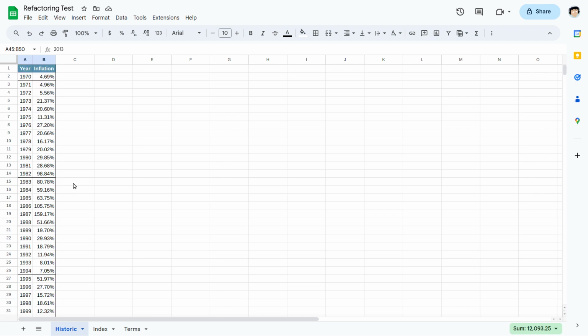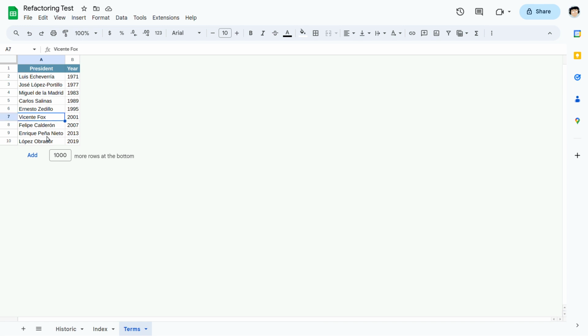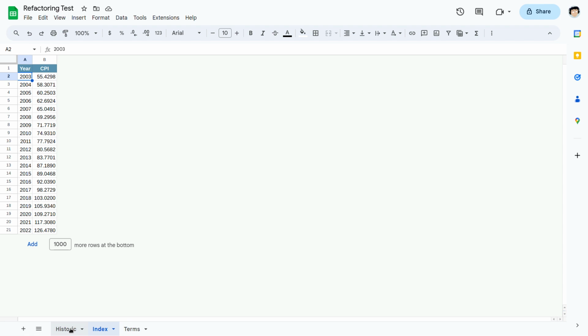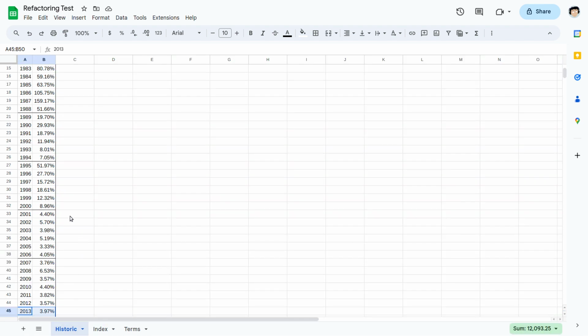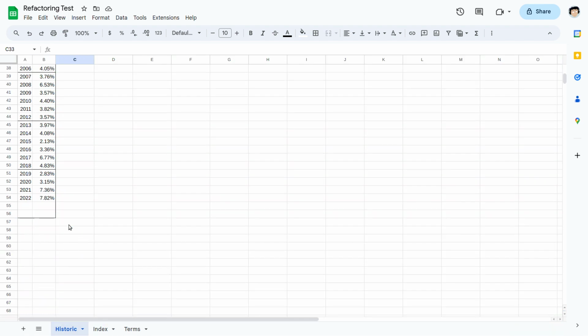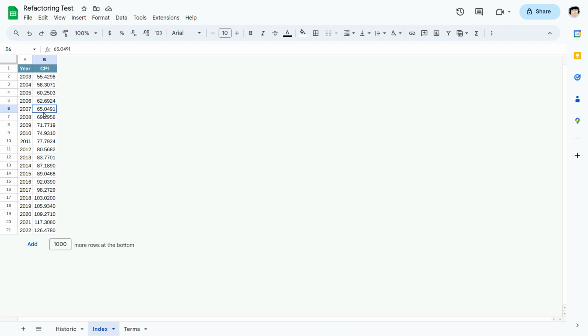So this is in order to calculate by president how much inflation each presidential term had. So the problem is that I can find this index, and with the index it's very easy to calculate, but the index only goes back up to 2003. The one I could find.